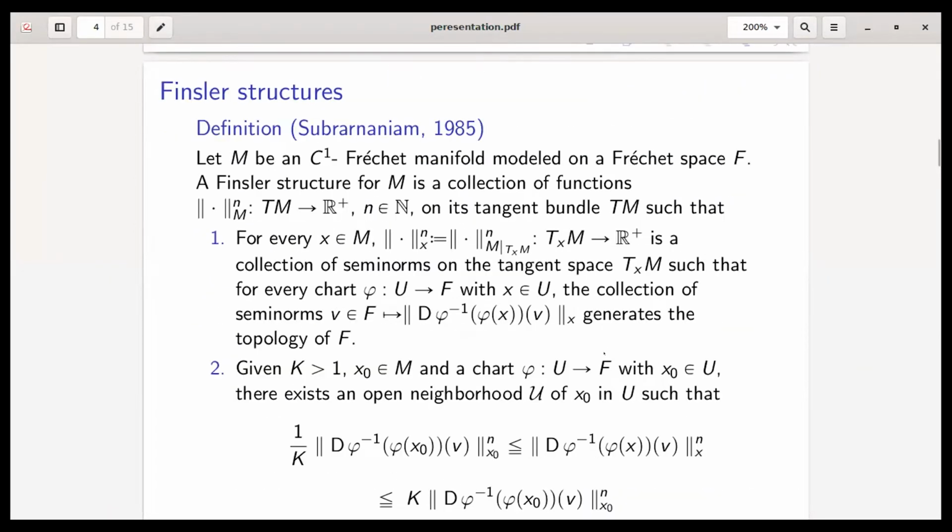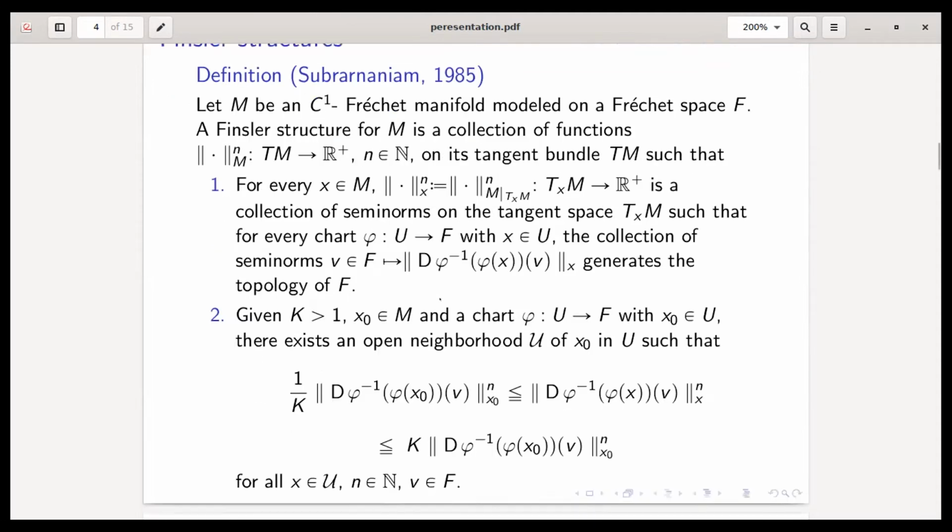A significant notion that we need to develop the critical point theory is a Finsler structure. A Finsler structure is a collection of functions on the tangent bundle such that, roughly speaking, the restriction of these functions to each tangent space provides a collection of seminorms that generate the topology of the model space.